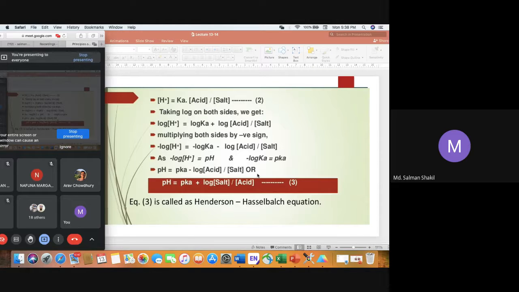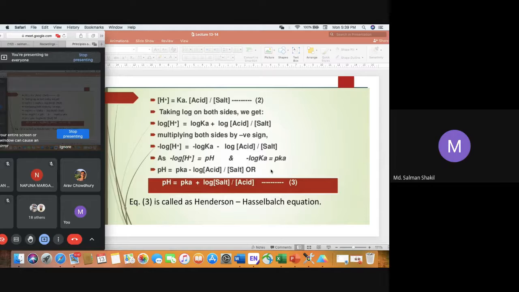Yes, sir. Okay. And finally, we know that log A by B equals minus log B by A. So we are replacing this concentration. For example, this one is A, this one is B. So what can we write?